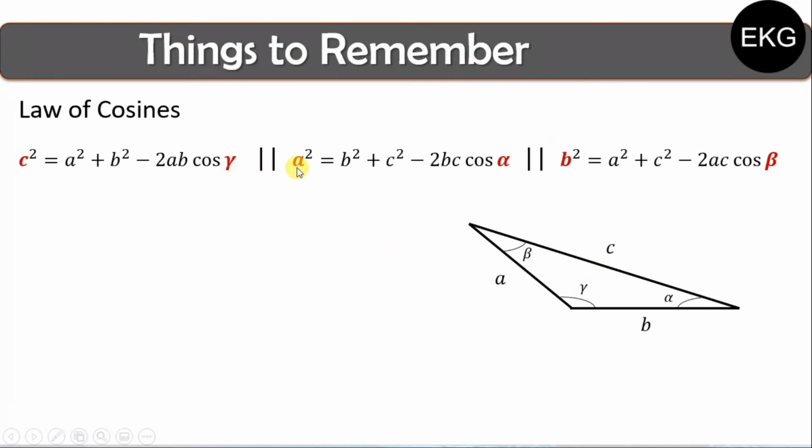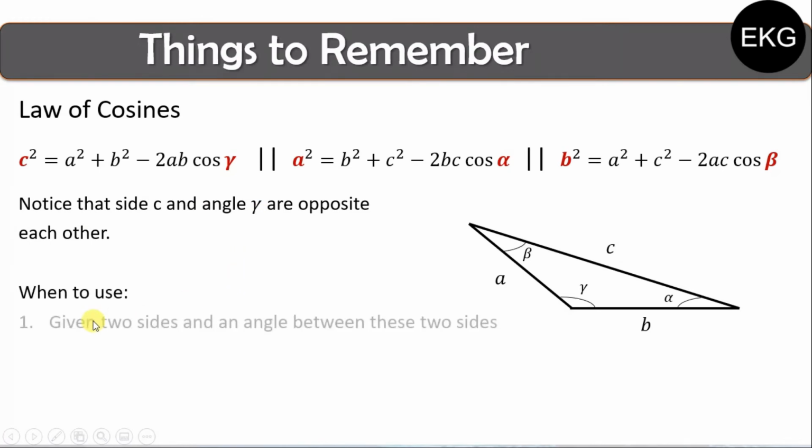Okay. Dito naman, A, okay, yung angle na gagamitin mo dito sa last will be alpha. Okay. And on the third equation, ito, kung ito yung gagamitin mo, B, yung gagamit mo naman na angle dito will be beta. Okay? So, yan.